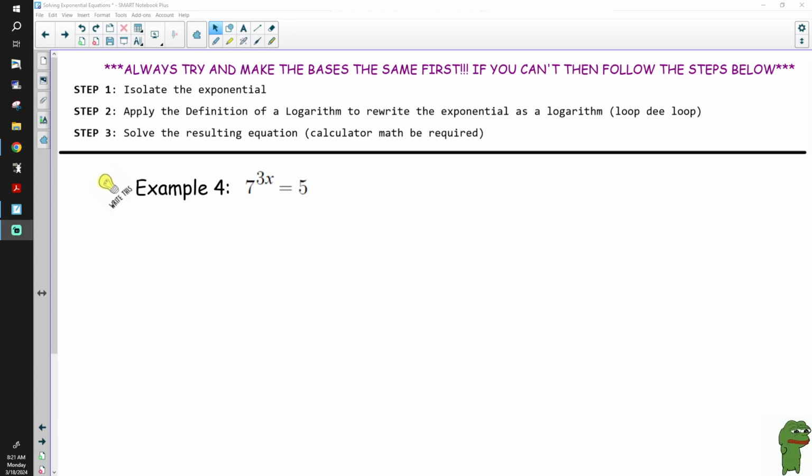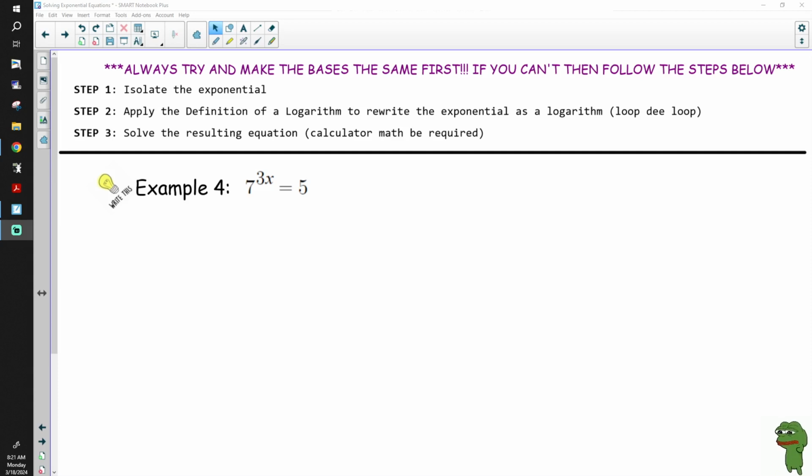Now, when you look at this, 7 to the 3x equals 5. What issue do you see? We have a 7 and a 5. Can you rewrite 7 as a new base? You can't. You also can't rewrite 5 as a new base.